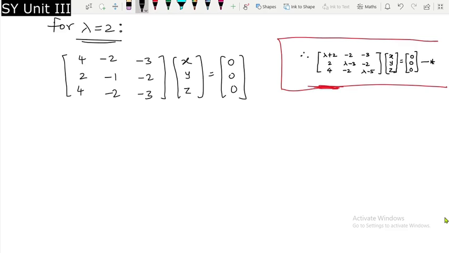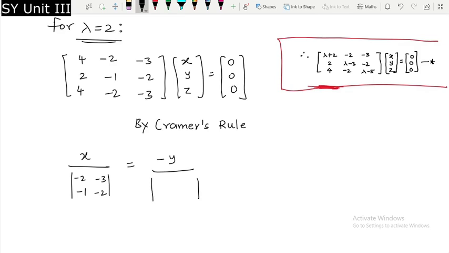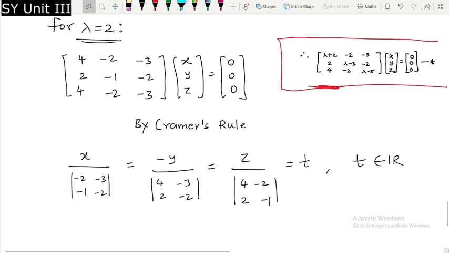So I will say by Cramer's rule over here, what you are going to get, x upon determinant of minus 2, minus 3, minus 1, minus 2, which is equal to minus y upon determinant of 4, minus 3, 2, minus 2, which is equal to z upon determinant of 4, minus 2, 2, minus 1, which is equal to t, where this t is some parameter.